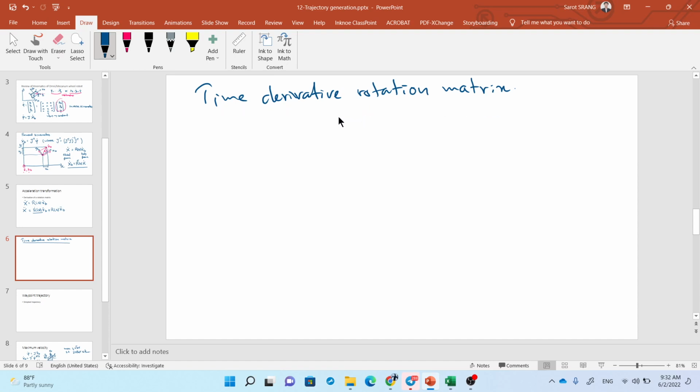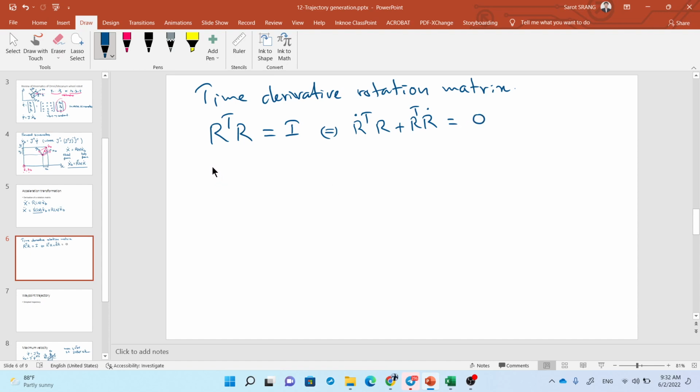I start from here. What we have learned before is that R transpose R equal to identity. Then if I take the time derivative, R dot transpose R plus R transpose R dot equal to 0.